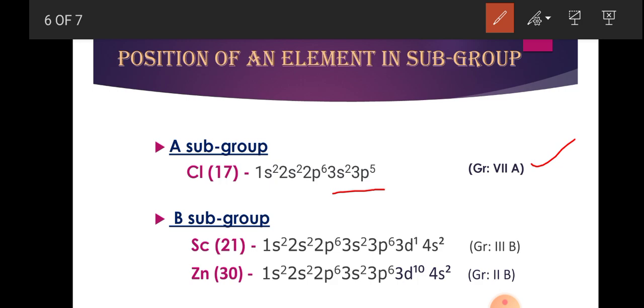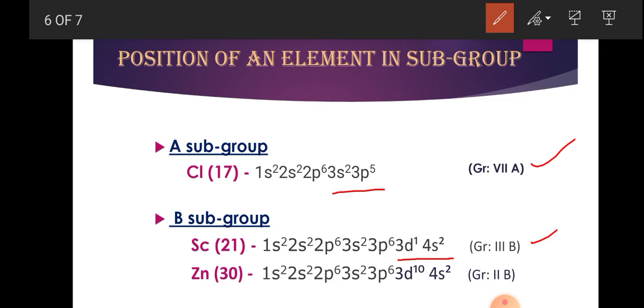Now I will discuss about B subgroup. If the last electron of an element enters into d orbital, then the subgroup will be B. For example, scandium. Here the last electron of scandium enters into d orbital, and d and s orbital total contains 3 electrons. So, scandium belongs to group 3B.